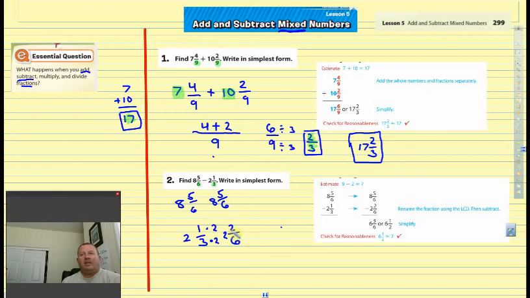Okay, so I get 8 5/6 minus 2 2/6. I am subtracting, and I have to make sure that I can subtract. Can I subtract 5 minus 2?